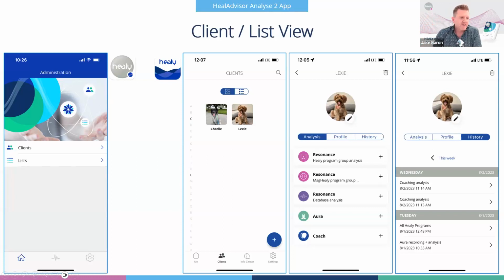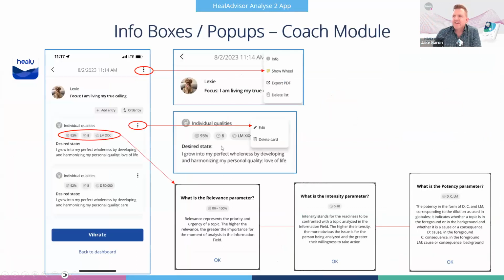So let's see here. Yeah, so Ken, I know you love this new feature here as part of the Analyse app. Just as I said at the beginning of the call, making it easier for someone to just pick up a Healy, download the app, and get started, and actually know what all this stuff means. Because to the average person, they see a target 93%, and then a clock or something, and what does that mean?